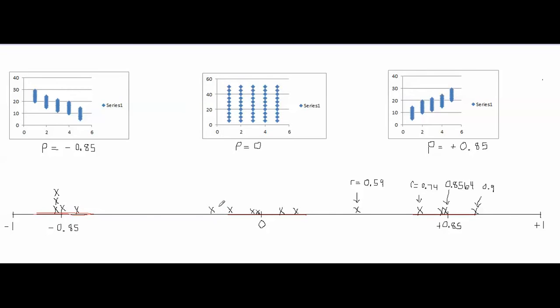So we're imagining that each of these x's is the correlation coefficient of a different random sample of 10 people. So if I kept on selecting more and more random samples of 10 people and calculating the correlation of each sample, the samples would start to pile up like this.